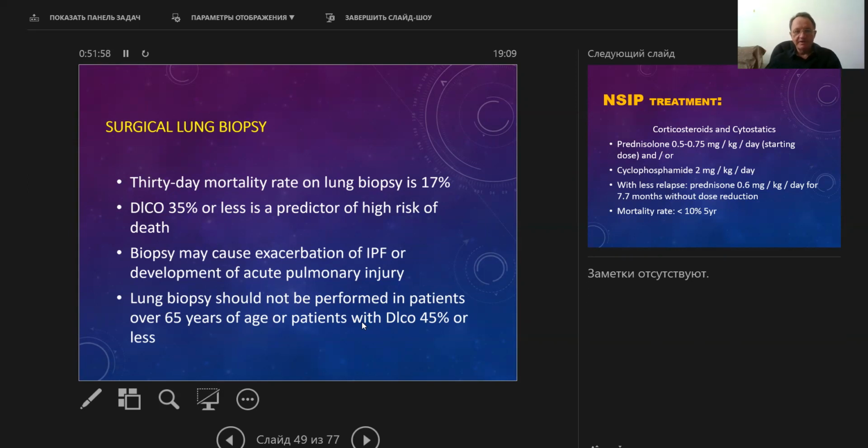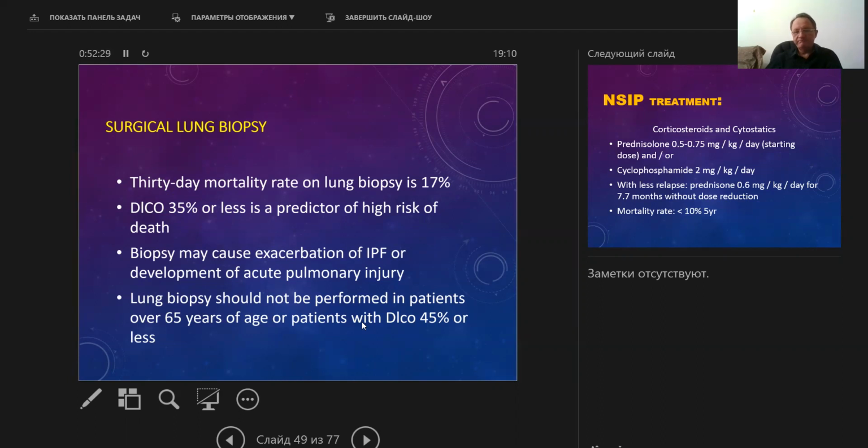But you should know that the 30-day mortality rate of lung biopsy is 70%, and a diminished diffusion capacity of the lung for carbon monoxide, less than 35% of predicted levels, is also a higher risk of death.